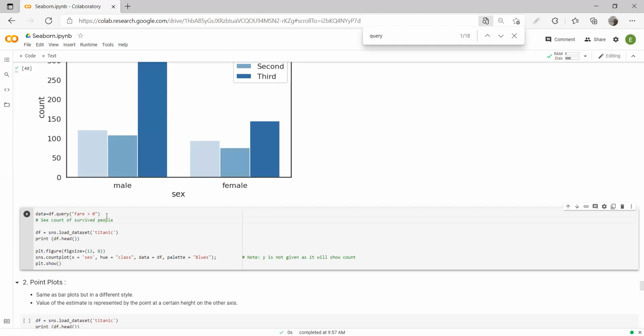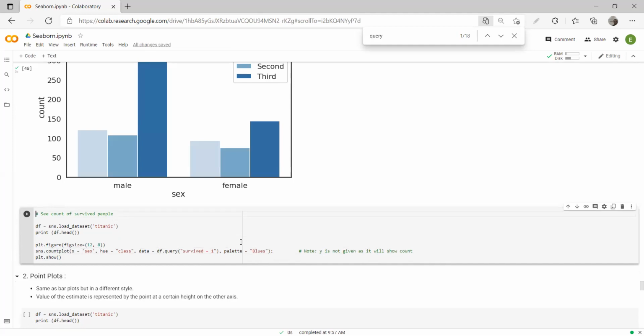And data is equal to df dot query survived is equal to 1. Let's try.